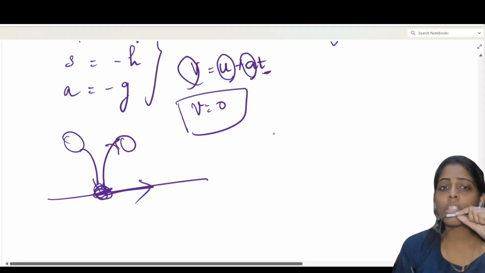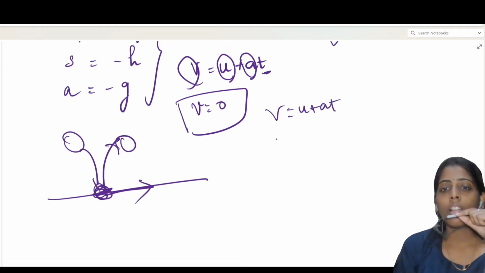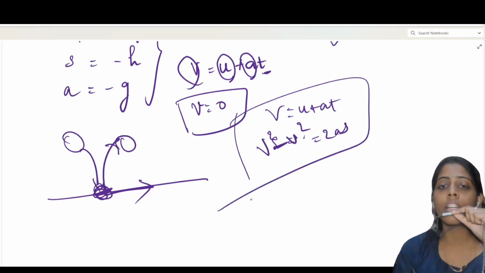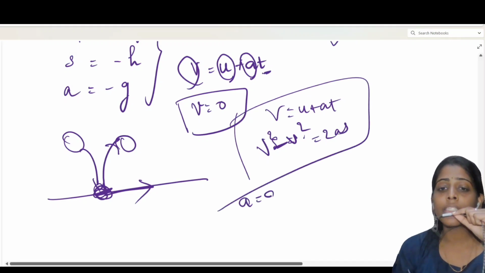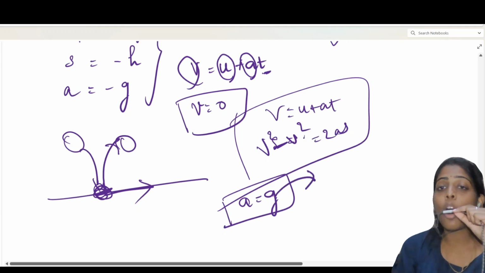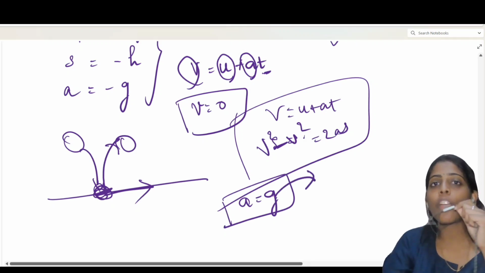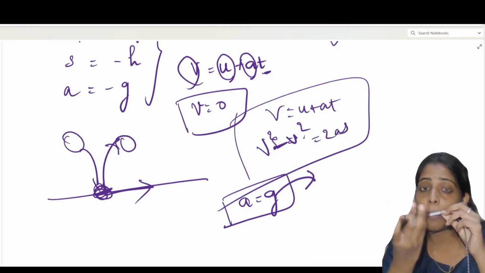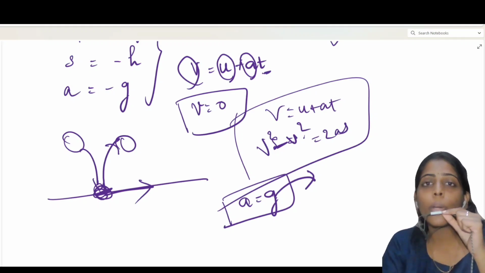All the equations we consider here, v is equal to u plus at, s is equal to ut plus half at square, v square minus u square is equal to 2as, consider only the acceleration due to gravity and how my velocity changes because of this acceleration. We nowhere thought about the collision between the packet and the ground. We are not including it anywhere.